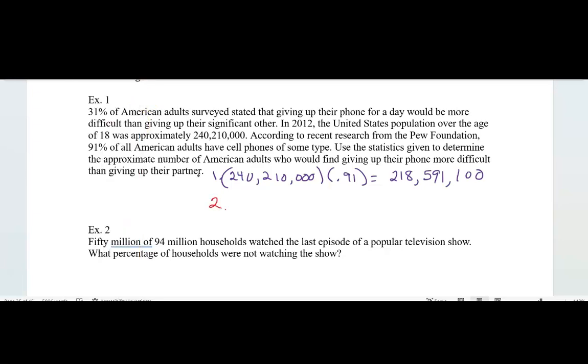Number 2, now we're asked how many of those surveyed, right? So we looked at how many were surveyed. It was 31%. Now we're going to make some inferences. So this goes back to the last section we talked about. From the survey, we're going to make some inferences about the population. Now we want to approximate the number of American adults who would find giving up their phone more difficult than their partner. Well, in the statistics, it says 31%.